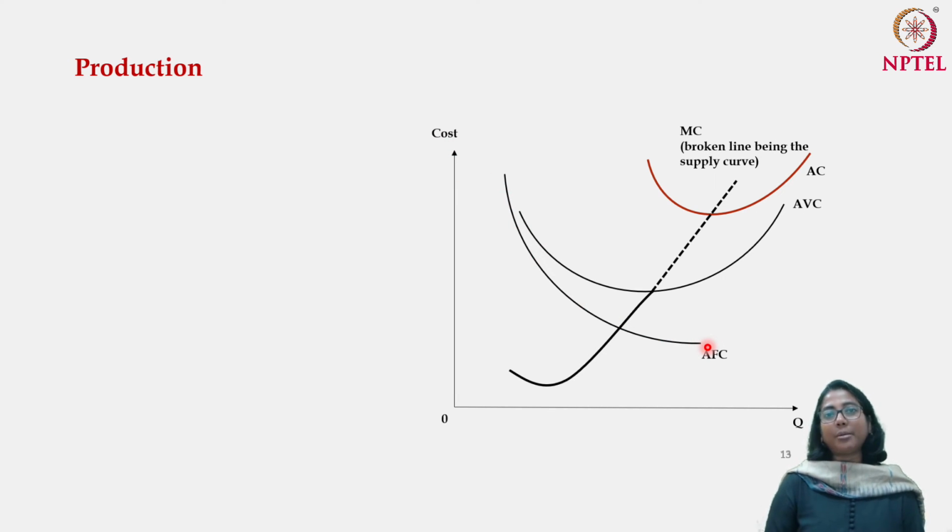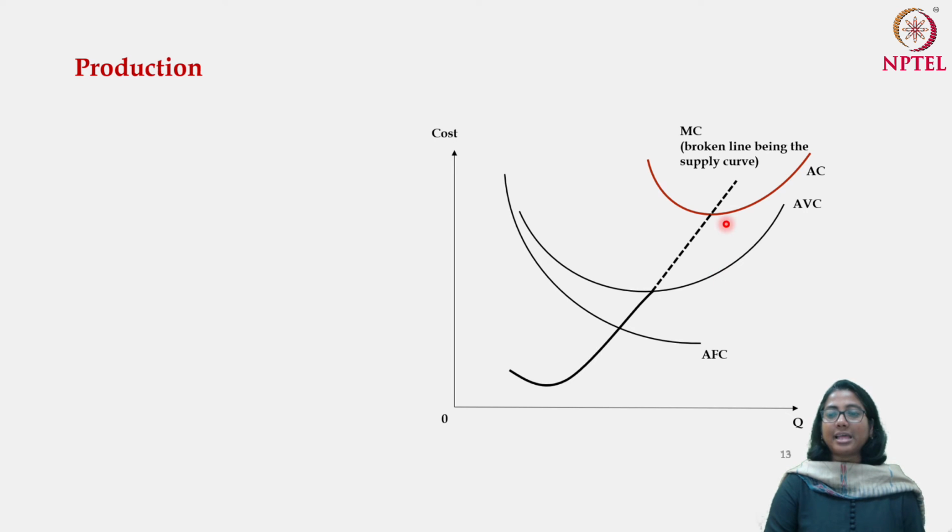Fixed cost is the amount of money that you need to put in irrespective of the level of activity. And we have been discussing so far that the level of fixed cost is very, very high in the case of exploration, extraction and production. So the average fixed cost, which is represented by this rectangular hyperbola, is very high in the case of the production of the non-fossil fuel based resources. The second is the average variable cost.